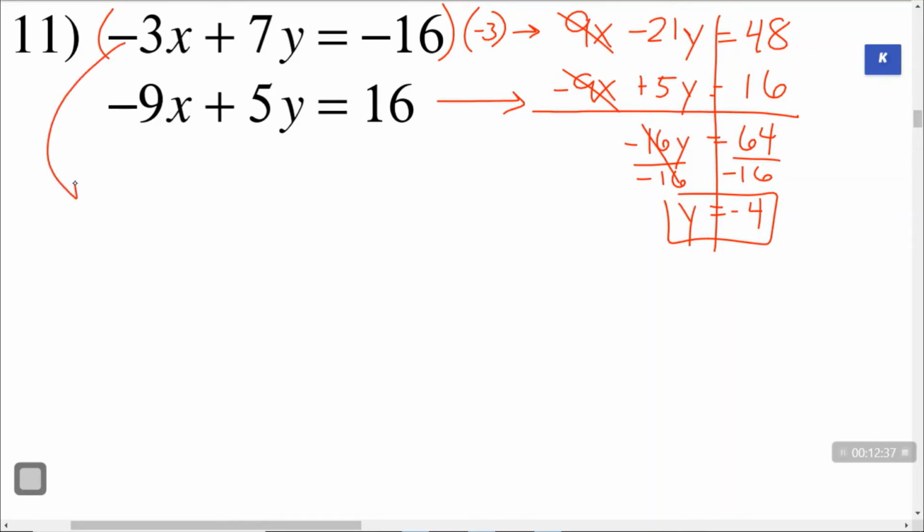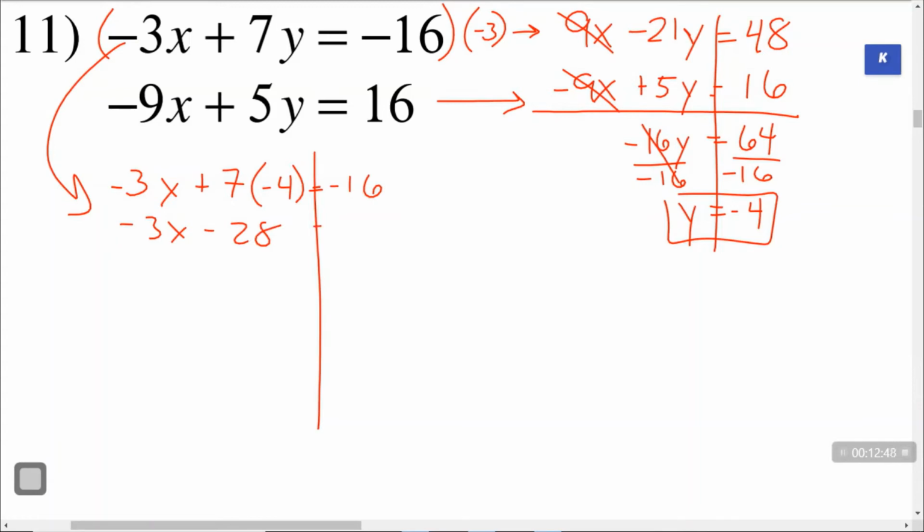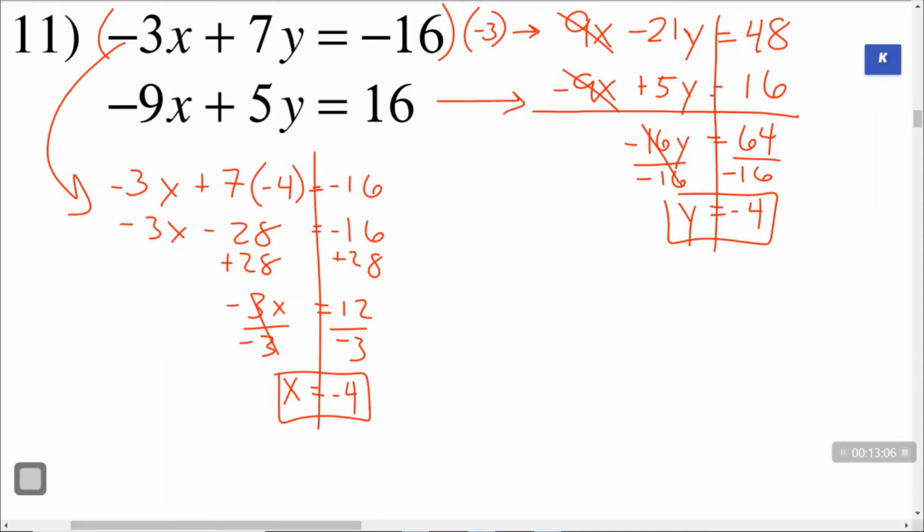Now I can take that, I'm going to use my first equation, negative 3x plus 7 times negative 4 equals negative 16, and I'm going to solve. Negative 3x minus 28. And I find that x equals negative 4. Look at that.